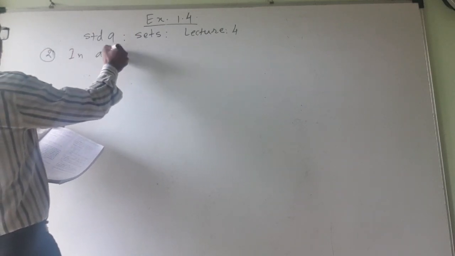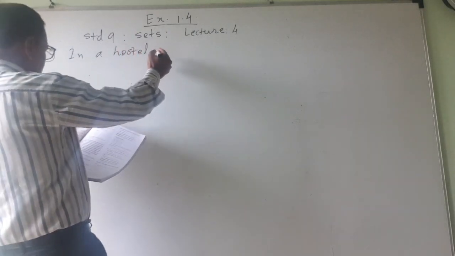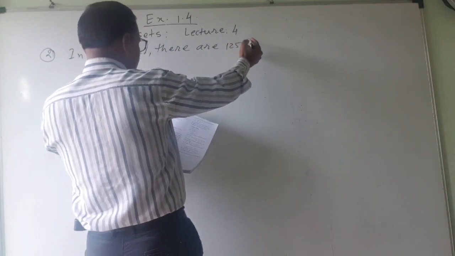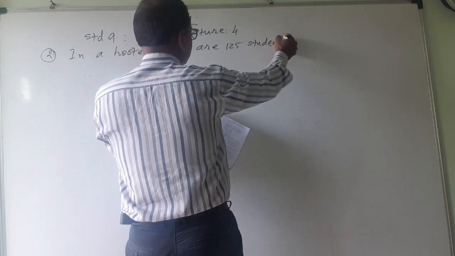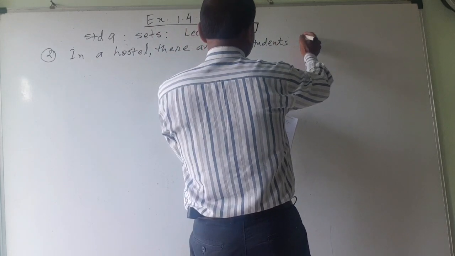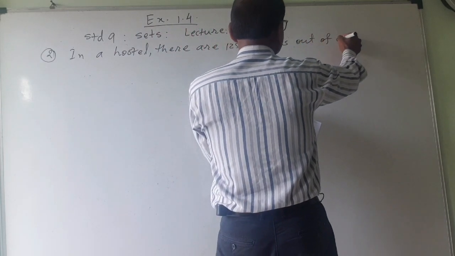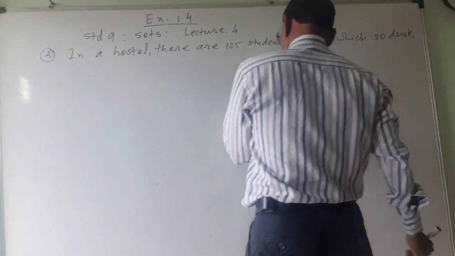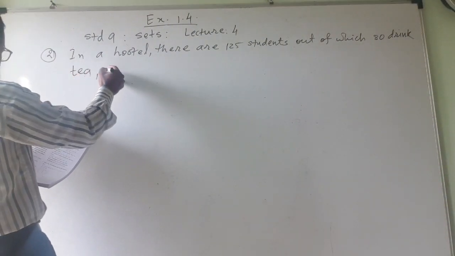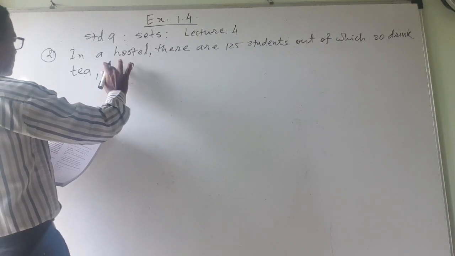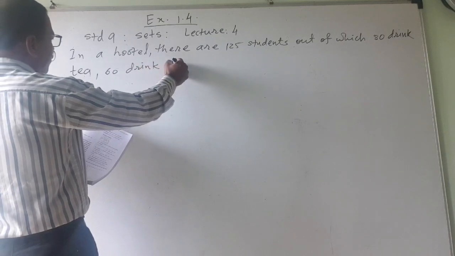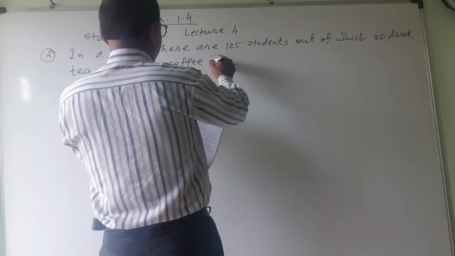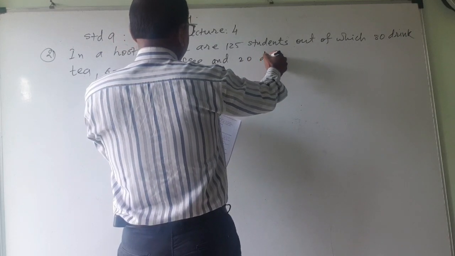In a hostel there are 125 students. Out of which 80 drink tea, 60 drink coffee, and 20 drink both.